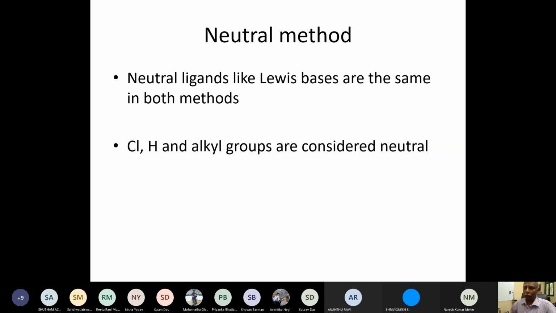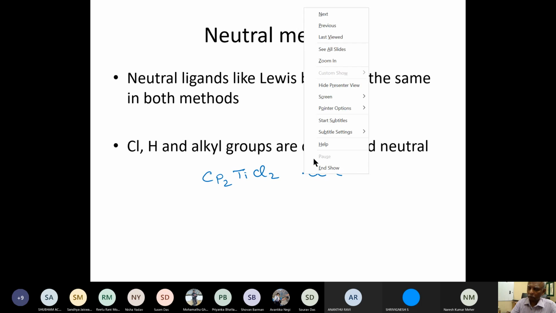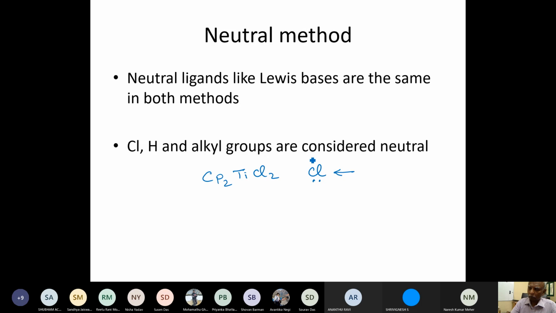So let's take a look at some of the examples. Let's write out Cp2TiCl2. Chlorine is a halogen. It's considered as a neutral species, so it is Cl dot. So Cl dot is a 1 electron donor.